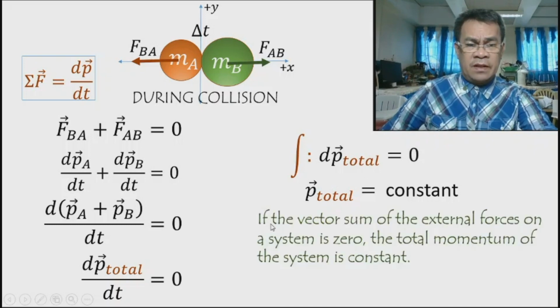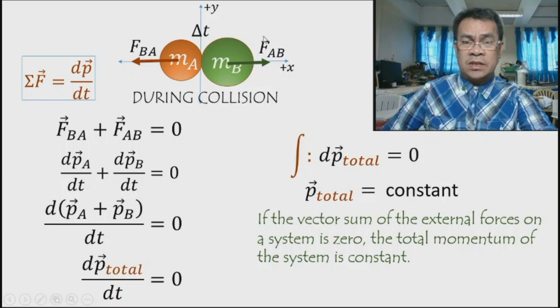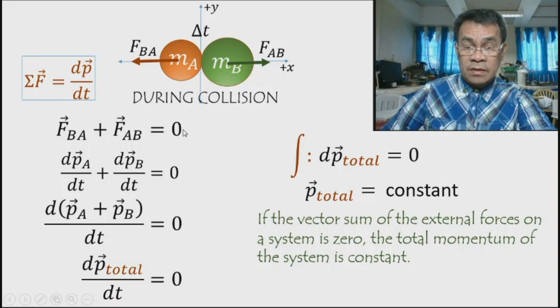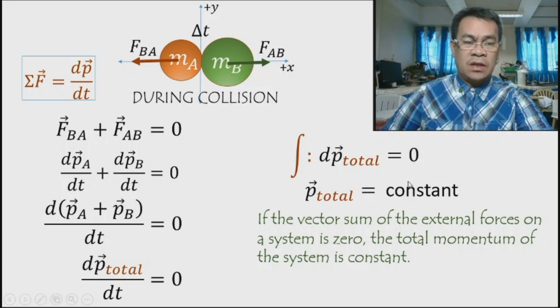So, if the vector sum of the external forces is zero, because take note that we assume that this occurs in a vacuum, so therefore there is no other external force except these two forces only, then the total momentum of the system should be a constant, and this is the meaning of this. Or the total change in momentum should be equal to zero.